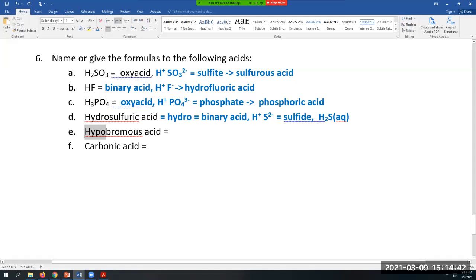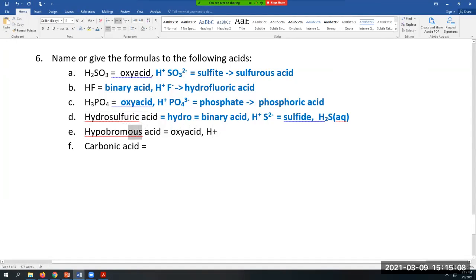Next, we have hypobromous acid. So be careful, it's hypo, not hydro, right? Hypo, so that means it's an oxyacid. We don't have the hydro prefix, so that's an oxyacid. So it's going to be made of H+, and then we need to find out the polyatomic ion from this name, hypobromous.